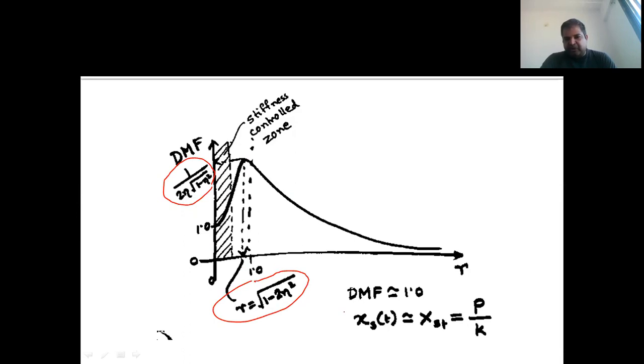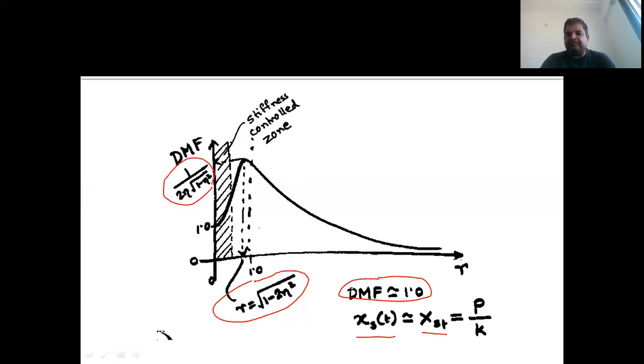Now in this formula, when the DMF becomes equivalent to 1, as per definition, the ratio of x_st to the static displacement, if these two become equal, then you can say that my DMF is equal to 1, so both amplitudes are nearly equal.